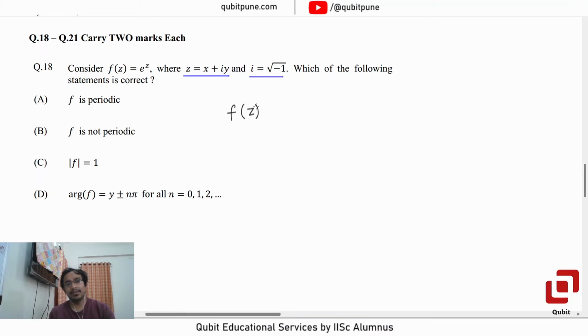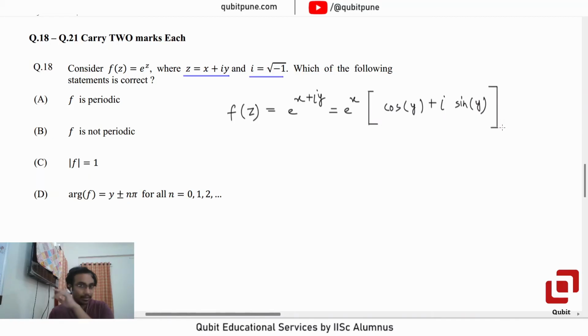Let us separate x and iy parts. So that's e raised to x into bracket cos y plus i into sin y. Now look, we know that both cos y and sin y are periodic.